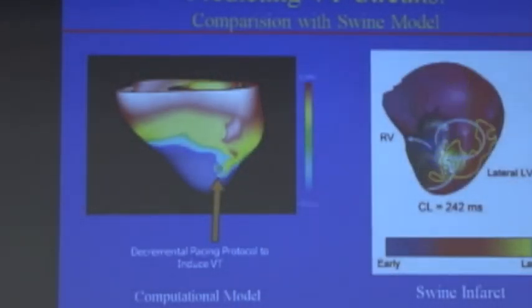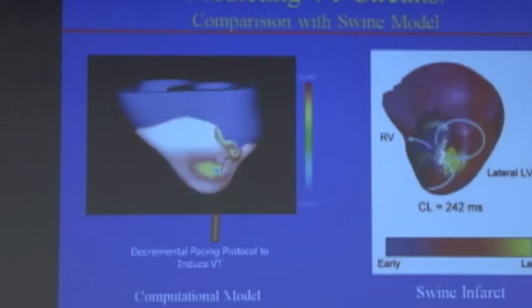And then first, I showed you this already. We took this figure of 8 VT that we see zipping around through this scar, and then we loaded this anatomical information into the model, again with the segmented gray zone.